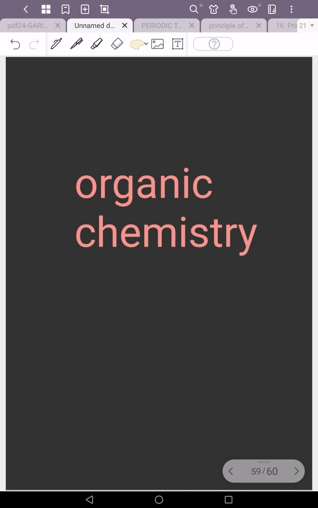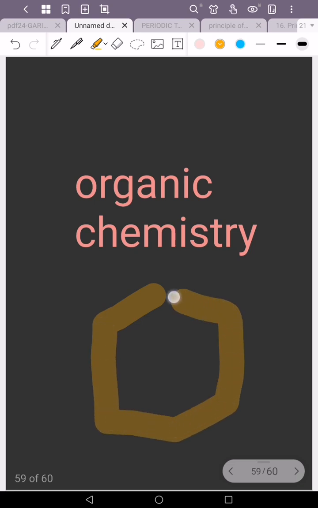Do you able to see the ortho, meta and para positions? You see this diagram and tell me. If I have benzene like this, we have to show the meaning of ortho, meta and para.